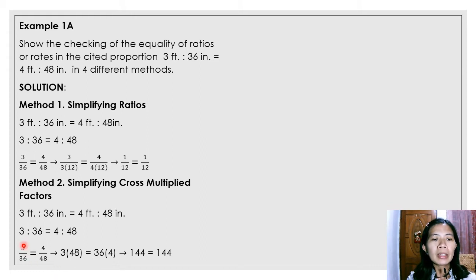So 3 times 48 equal to 36 times 4. If we multiply, 3 times 48 equals 144, and 36 times 4 equals 144. So they are equal.